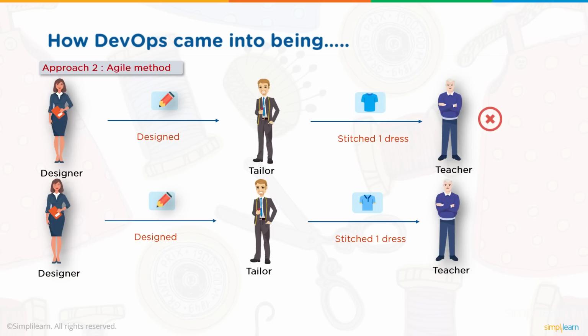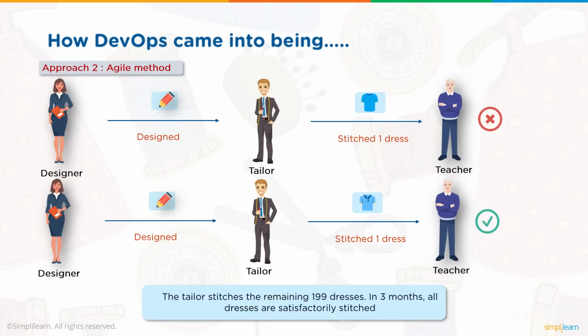At the end of that, we've now created the dress that the teacher wants from the requirements that have been handed out. What's awesome about this is instead of taking 3 months to create an additional 199 dresses, we've only created one dress that was not correct, and the rest of the dresses are now created correctly, and we can start accelerating our delivery cycles.